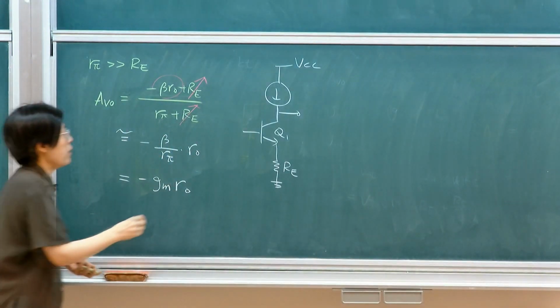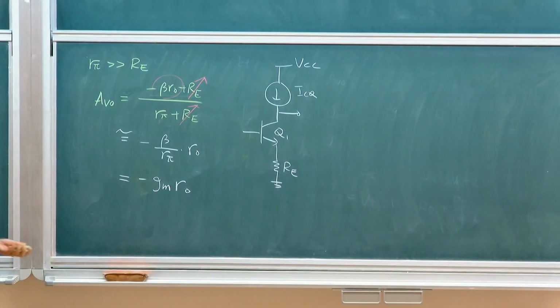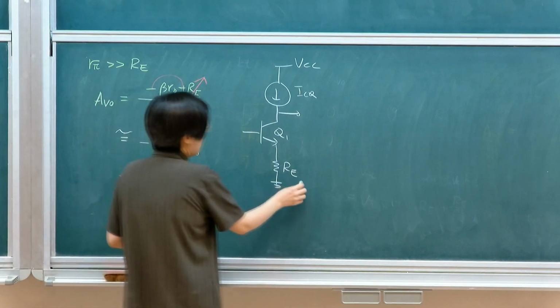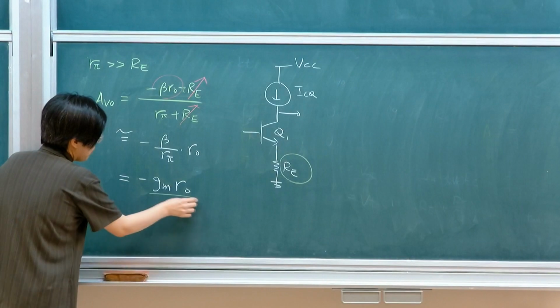If this is your circuit, and you're using an ideal current source to bias it, there's no attenuation of gain. This effect simply doesn't exist. We're going to explain that in just a little bit more.